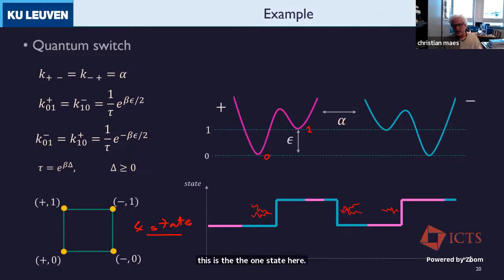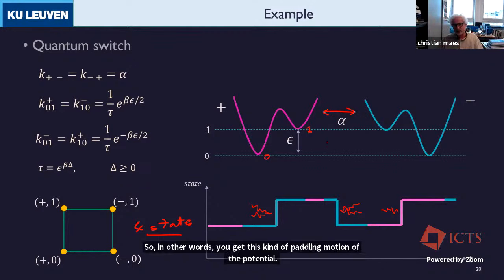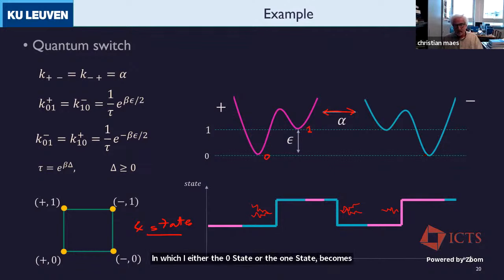But the potential is flipping at a rate alpha. So in other words, you get this kind of pedaling motion of the potential, in which either the 0 state or the 1 state becomes the global minimum. All the time, we have transitions between the 0 and the 1 state, but it depends now whether you're in the plus potential or in the minus potential, and you can see that indicated in this notation, whether it is easy or not to bridge the energy epsilon.